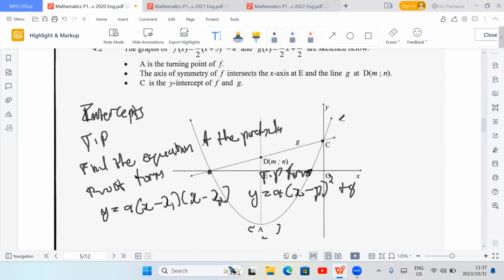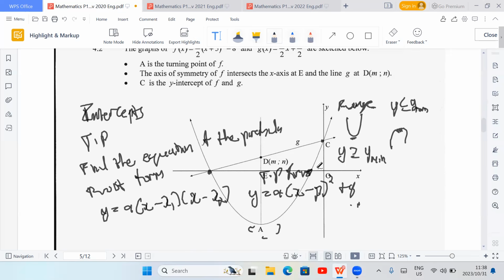Now also expect a question on range. We know that the range, if your equation is like this, will be y greater than or equal to the y coordinate of the minimum value, so the turning point. And if it's like this, it is y less than or equal to the y coordinate of the maximum value, right?